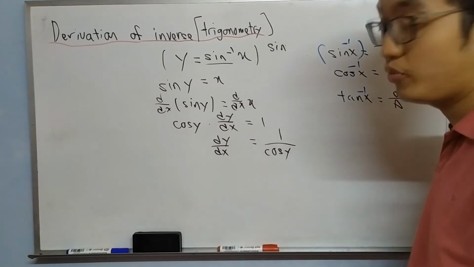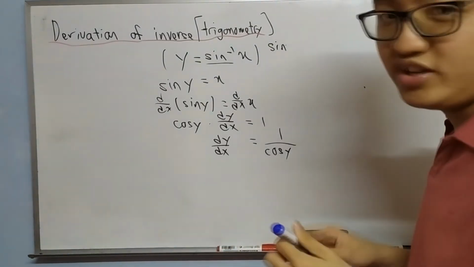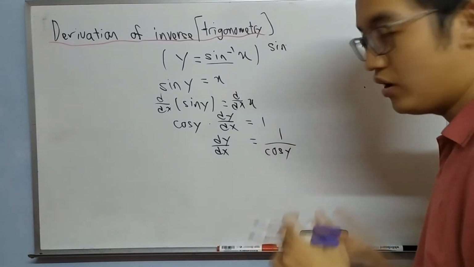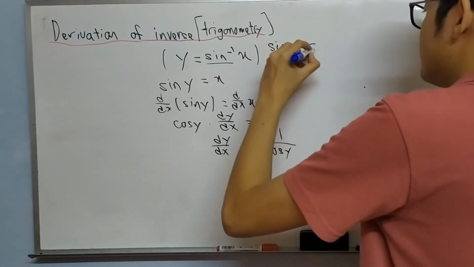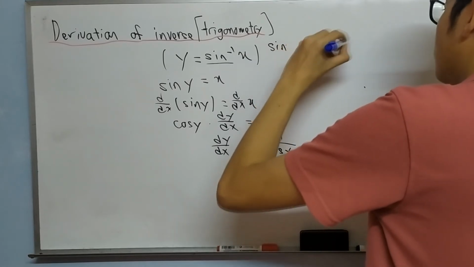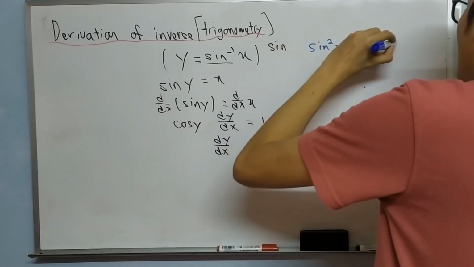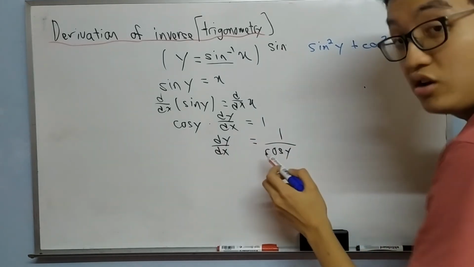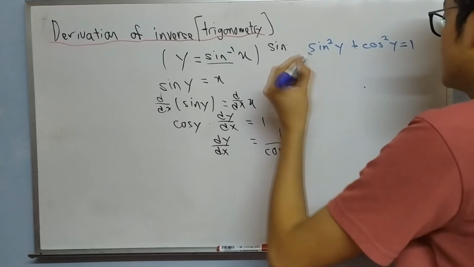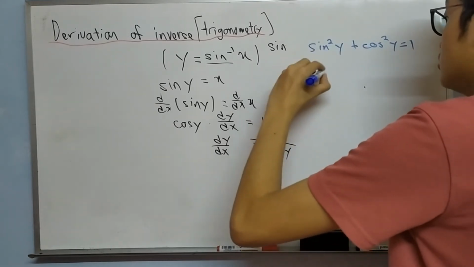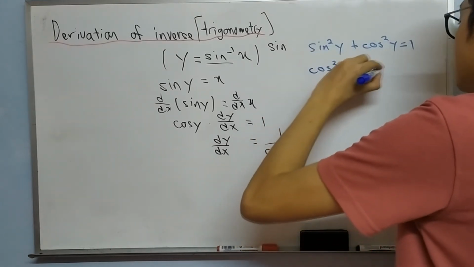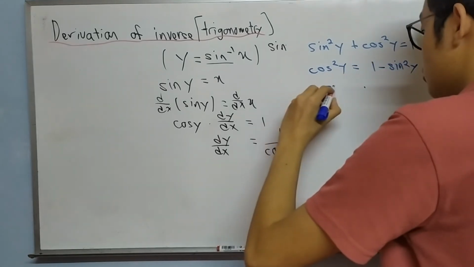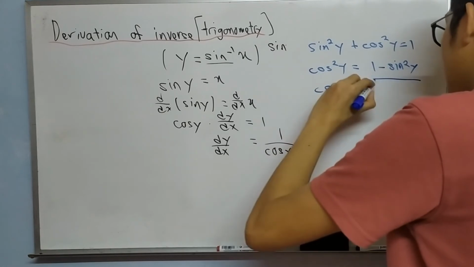Now we are going to use trigonometric identities to solve it. The basic and common trigonometric identity we know is sine squared y plus cos squared y equals 1. Our objective is cos y, so we will move sine squared y across and take the square root of both sides.